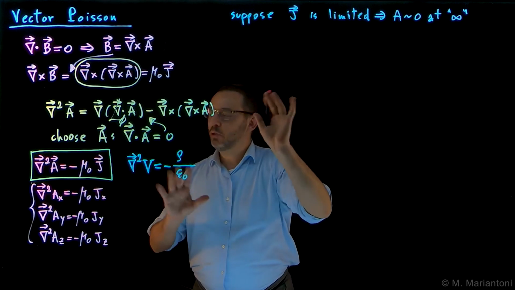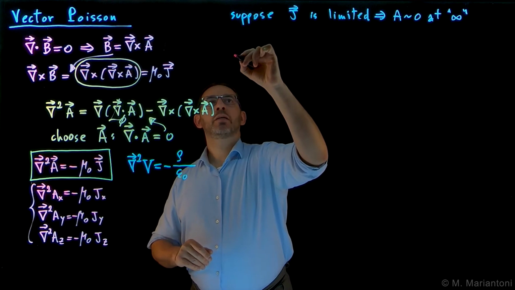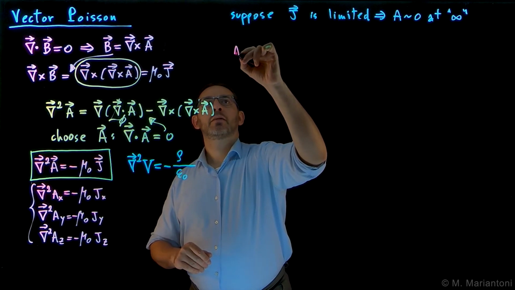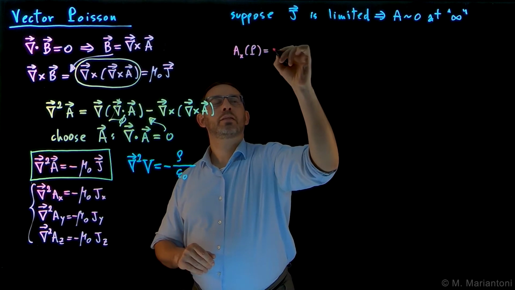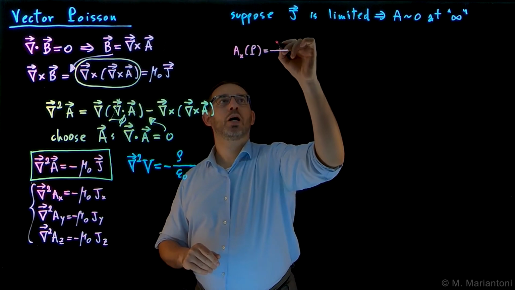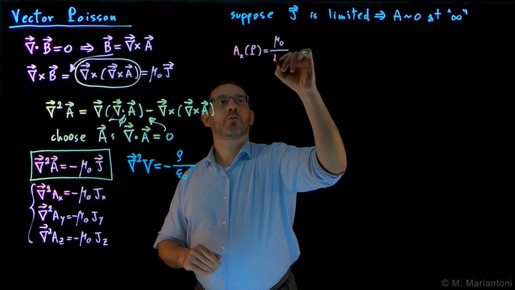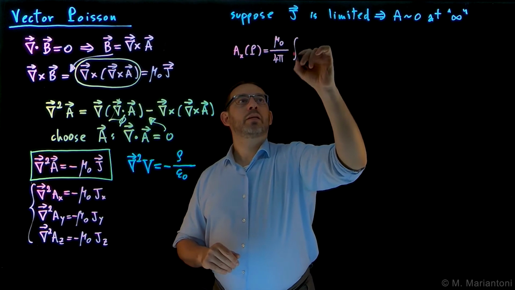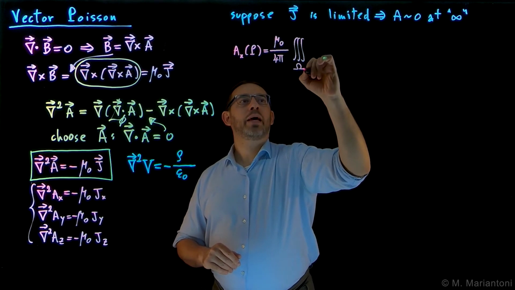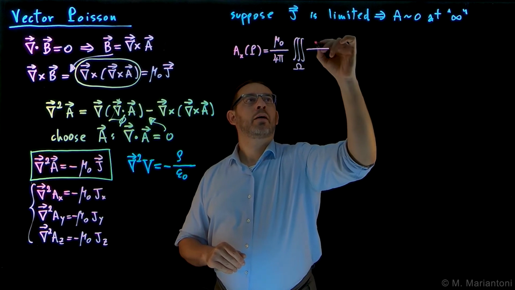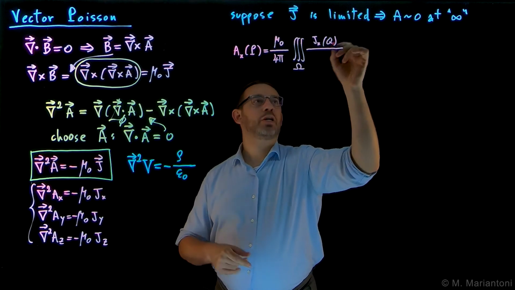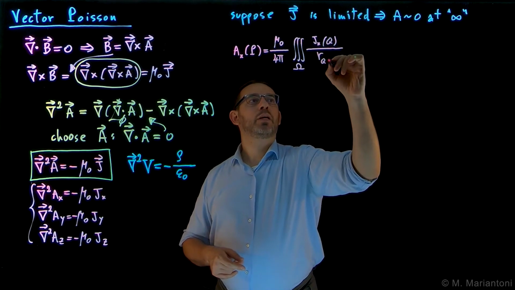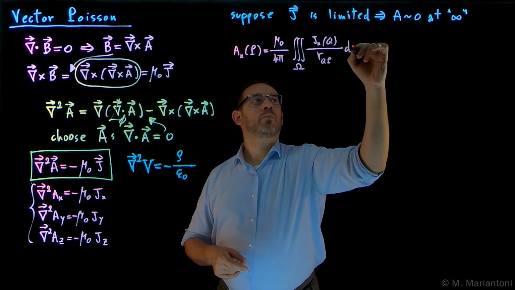Same equations, same solutions. And so we obtain, very simply, that ax at an observation point capital P is given by, instead of 1 over 4 pi epsilon naught, mu naught divided by 4 pi, volume integral in the region capital omega where jx at Q is defined, instead of rho, now we have jx, divided by rQP dV.